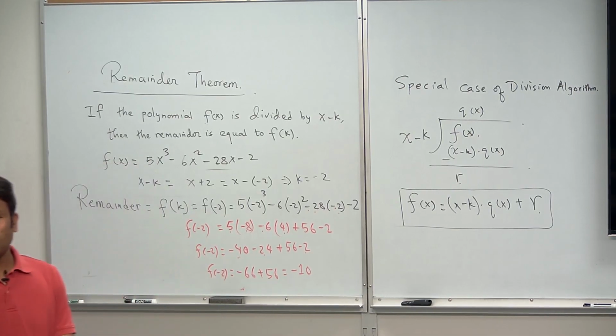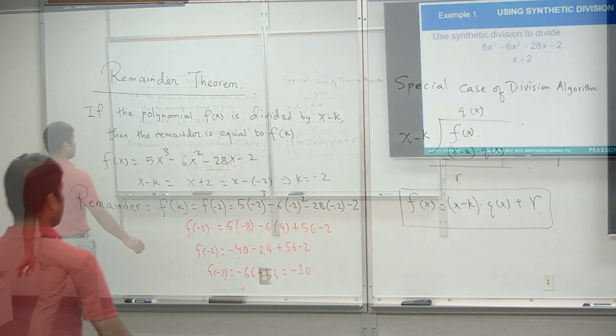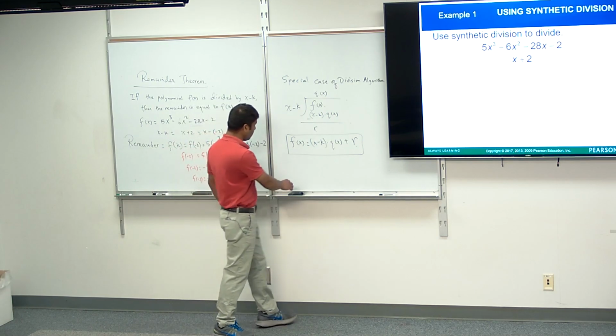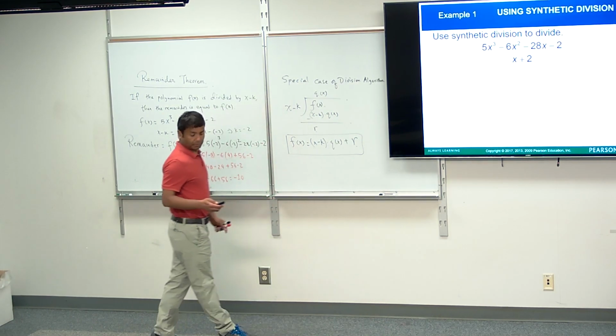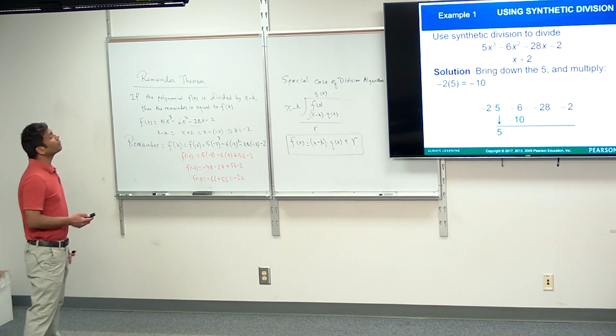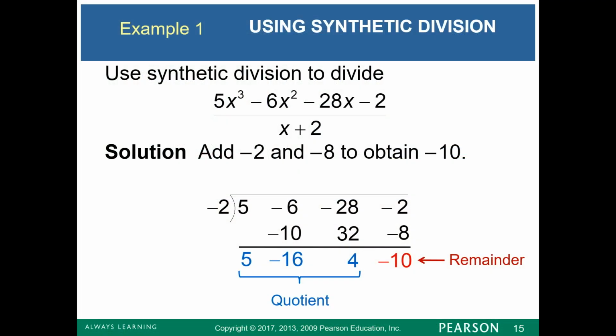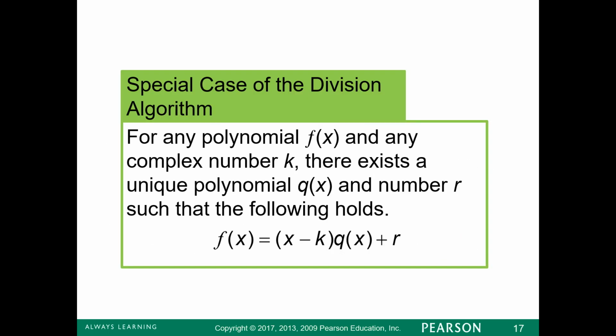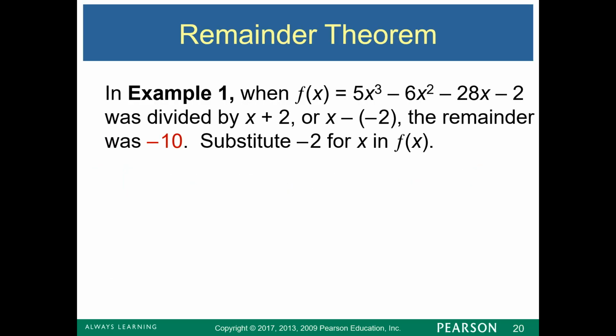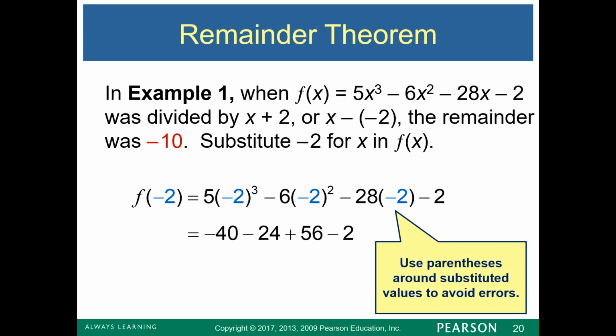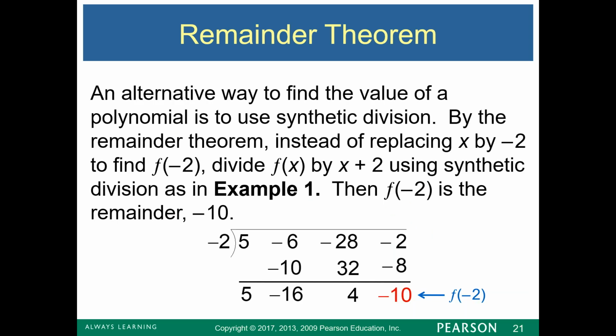So this is the application of the remainder theorem. Okay? You got it, guys? Do you see the remainder is negative 10? Right? Okay. So this is the remainder theorem. We did that.